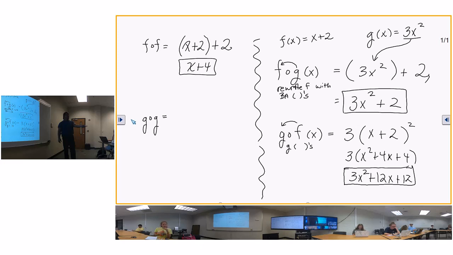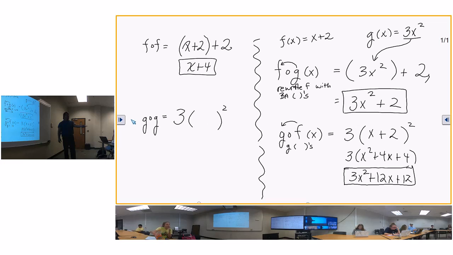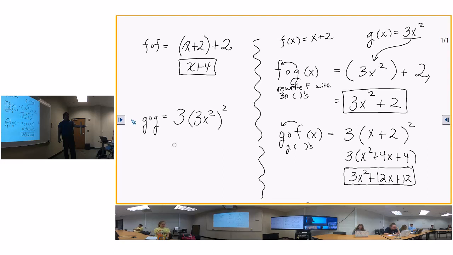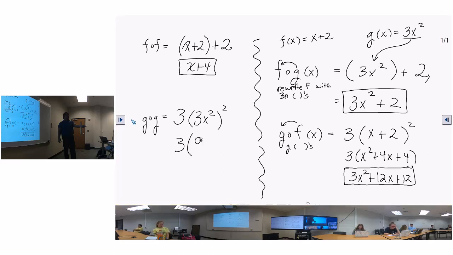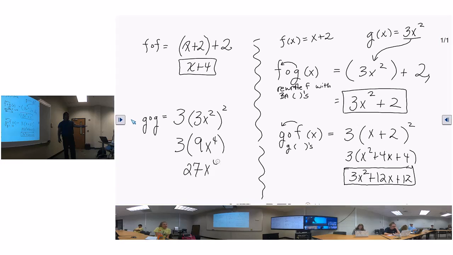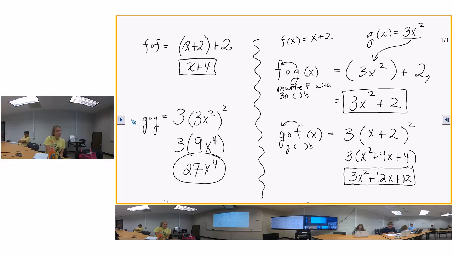Okay? All right, so G composed of G, I'm going to rewrite G with a big set of what? Parentheses, and what am I going to plug into it? 3x squared. And that's going to be 3 times what? 9x to the what? 4th. And what is 3 times 9? 27. Where is the most common mistake students make here? The exponents on the x. Yes.